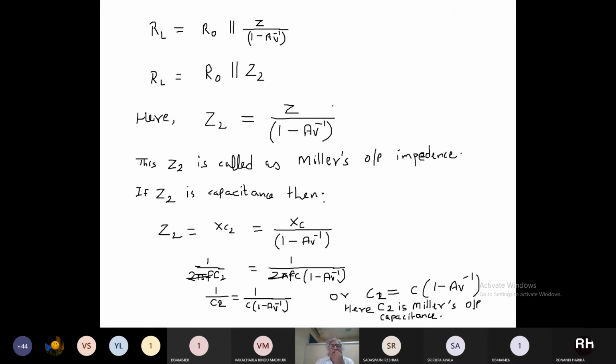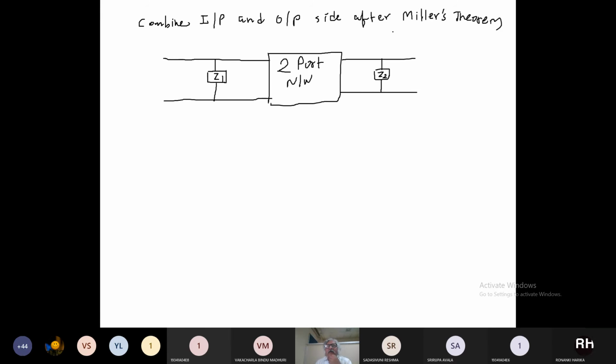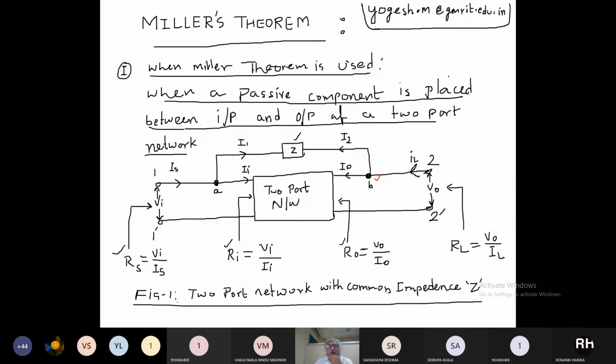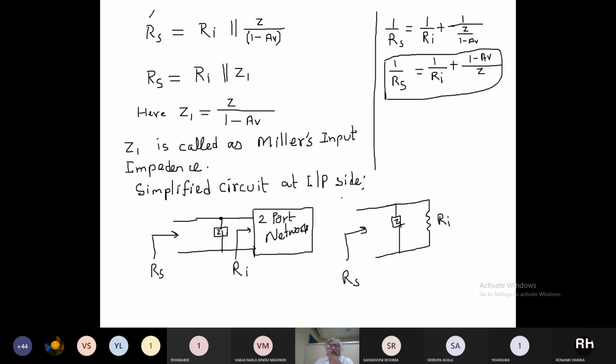Just see here, this RL is equal to R0 in parallel with Z2. Somewhere here you will connect the RL. And R0 you can find, it is the output resistance or output impedance of the two-port network.